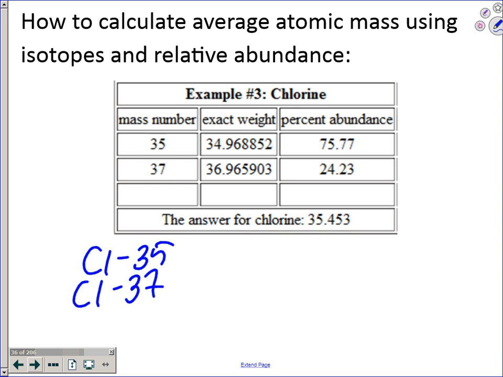You're writing this down with me because you don't have this on your paper anywhere. And you know the exact mass of chlorine 37 is 36.965903.